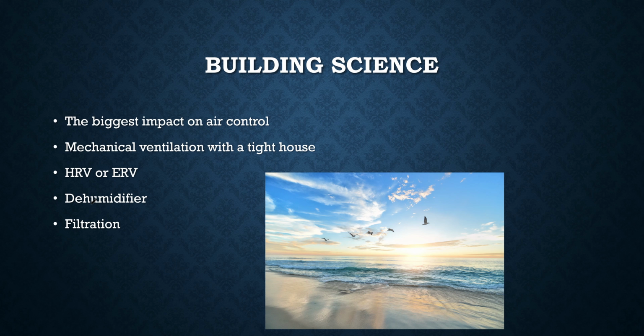This is basically the same thing as a heat recovery ventilator, but it is also going to allow you to recover the moisture quality, right? So if I have hot, humid air coming inside and I only have an HRV, then for the most part, I'm only going to be switching that incoming air to cold, humid air.